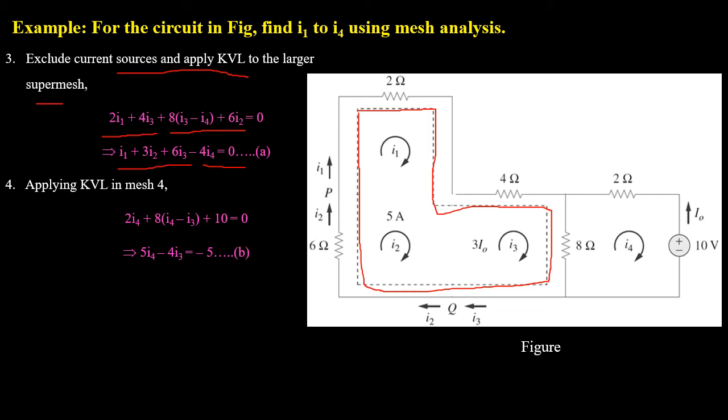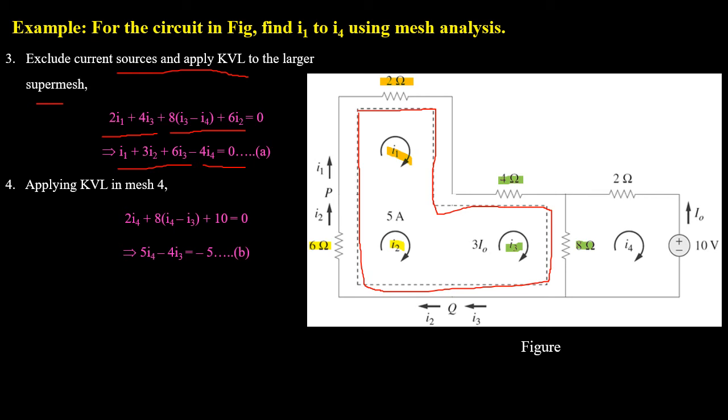Again note down that the 2 ohm resistor is a part of mesh 1, so its current will be I1. The 6 ohm resistor is a part of mesh 2, so its current will be I2, and the 4 ohm resistor is a part of mesh 3, so its current will be I3, where the 8 ohm resistor is common between mesh 3 and mesh 4, so its current will be the difference of I3 and I4.